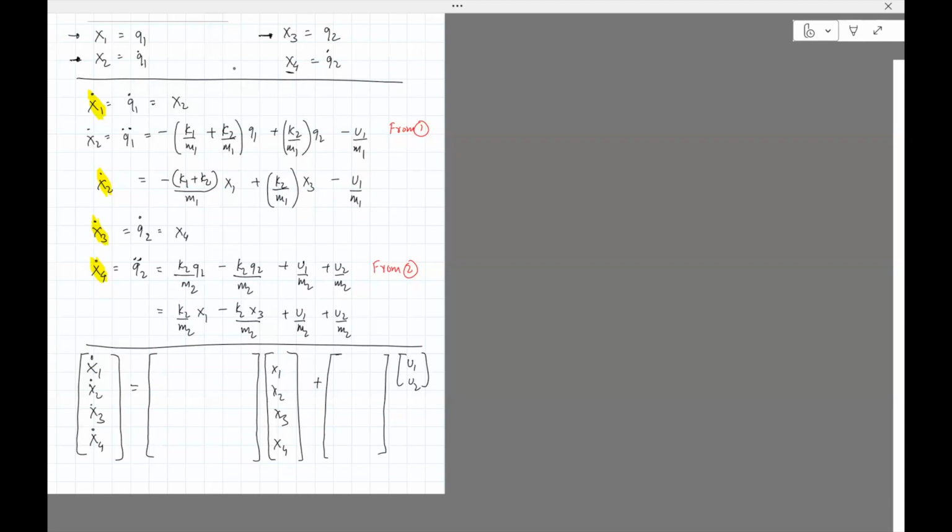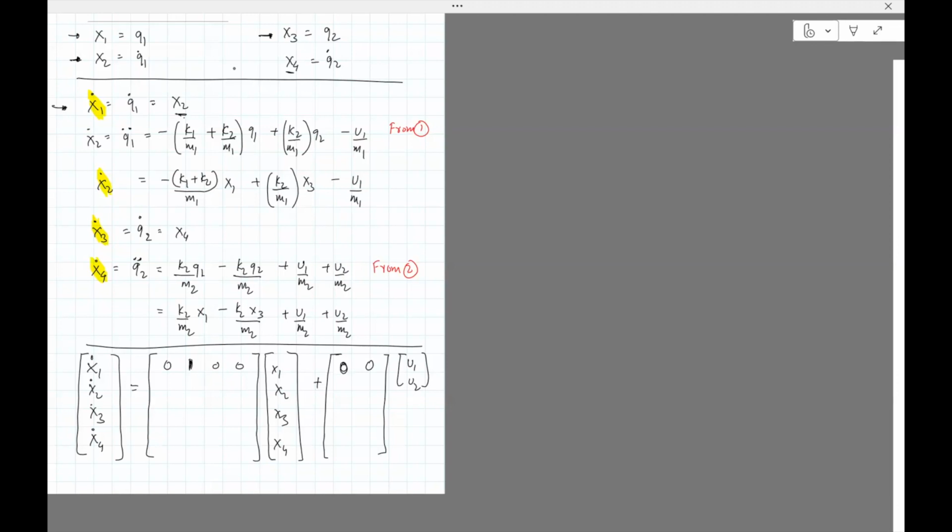Okay. So the first equation is x1 dot equals x2. So I need to put 0, 1, 0, 0, because when I multiply the first row with the column consisting of x, I get 1 multiplied with x2, so I have x2, and I get the first equation. Everything else here is 0.